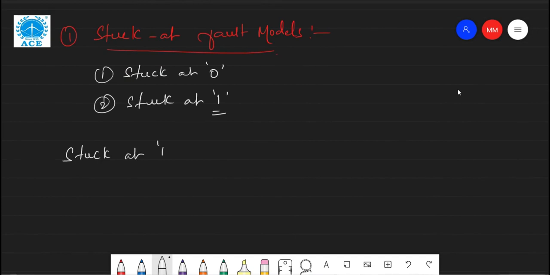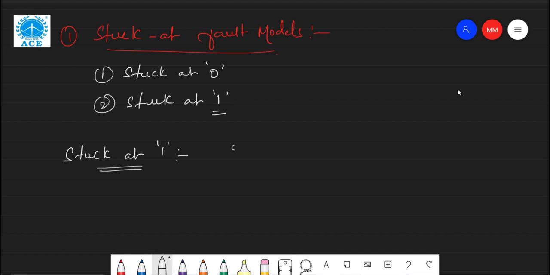Let us see the first one. Stuck at 1 means the output at any given point will stay 1, no matter what the input connection is. Okay, so let us write this.